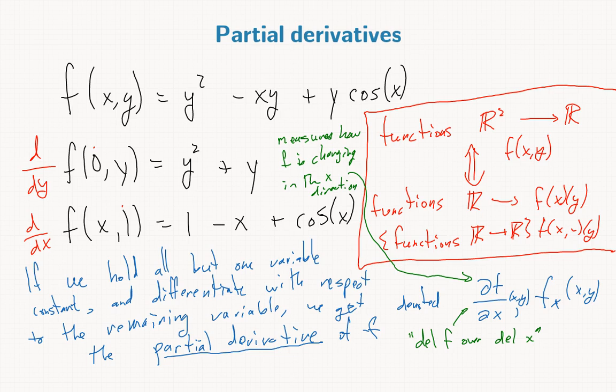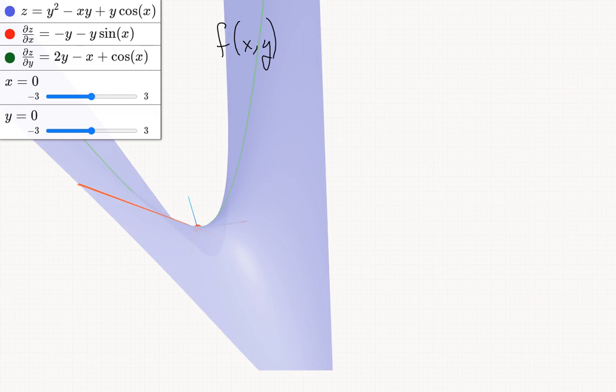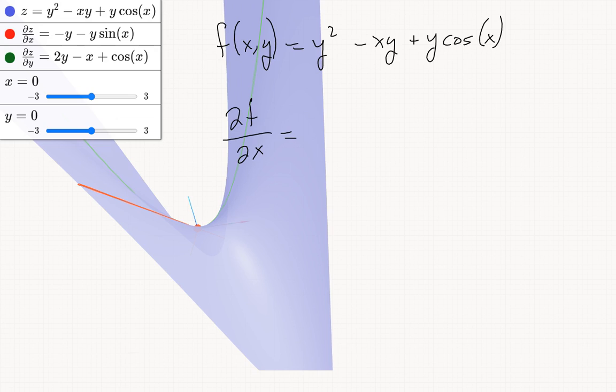So let me work through several examples of this. So let's start with exactly that example. f of x,y is y squared minus xy plus y cos x. Then to find del f by del x, we'll treat y as a constant. So now y squared is also a constant, so that goes to 0. Then negative y is the coefficient of x, so we get negative y here.